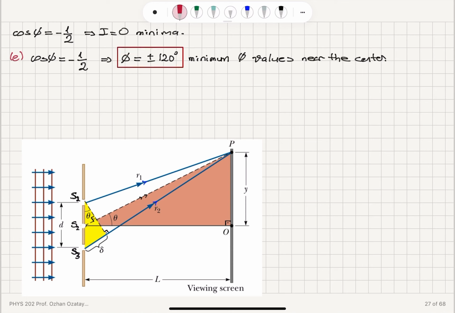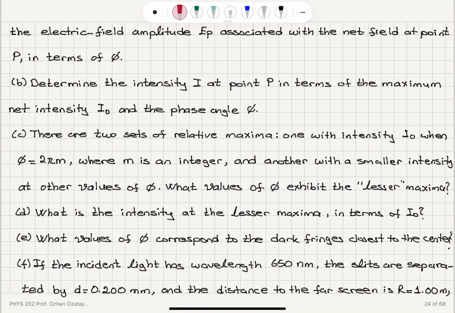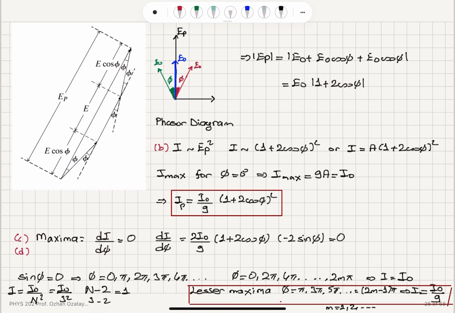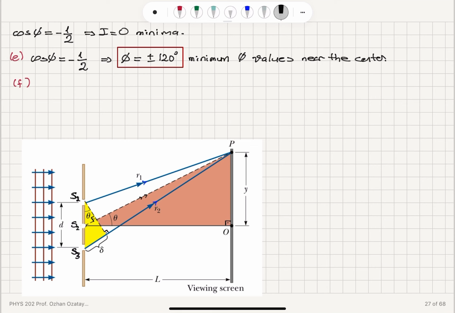Now part F. The incident light has wavelength 650 nanometers, and the slit separation and distance to the screen are given. We want to know the distance from the central maximum to the first lesser maximum. Okay, so wavelength is 650 nanometers, slit separation is 0.2 millimeters, and the distance to the screen is 1 meter.